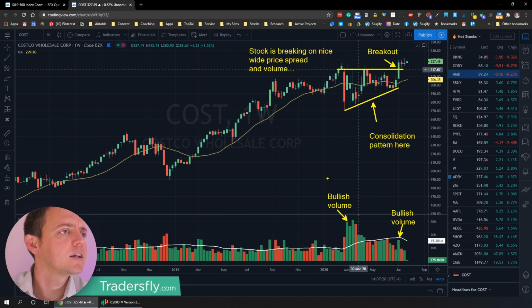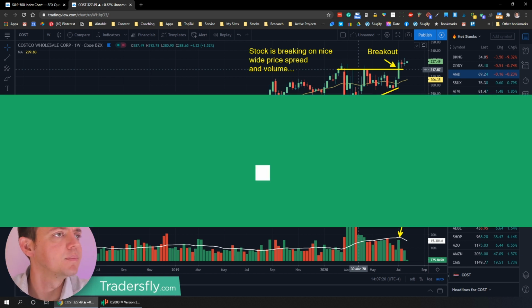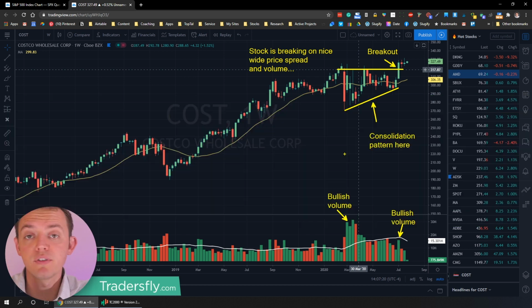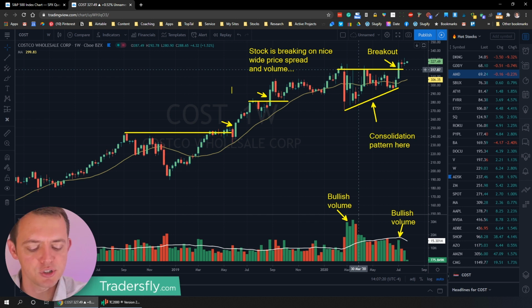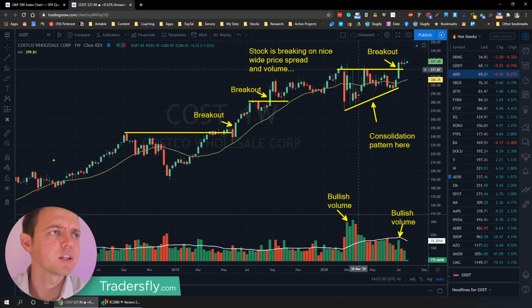And other than that, I'd say I'm bullish on the stock with nice wide price spread, good volume, and a break in a pattern that should fuel and continue to fuel the stock into higher prices. You can also see some previous movements here that we've had, had some breakouts, which looks good for the stock and continues to propel it, especially with all the shopping people are doing in bigger bulks, bigger quantities, and stocking up. This stock is continuing to do quite well.